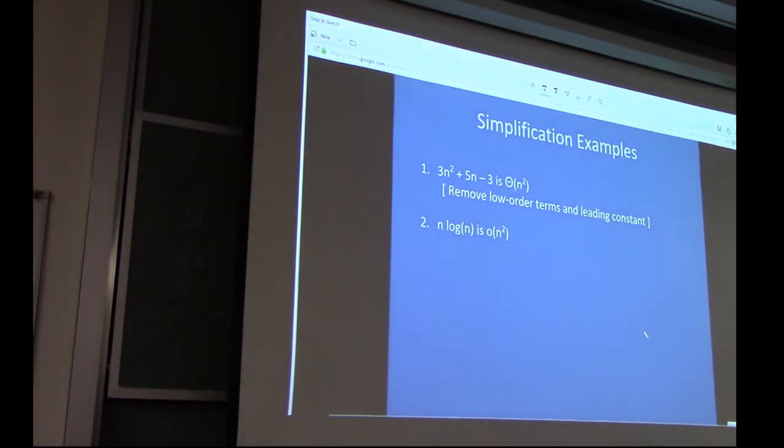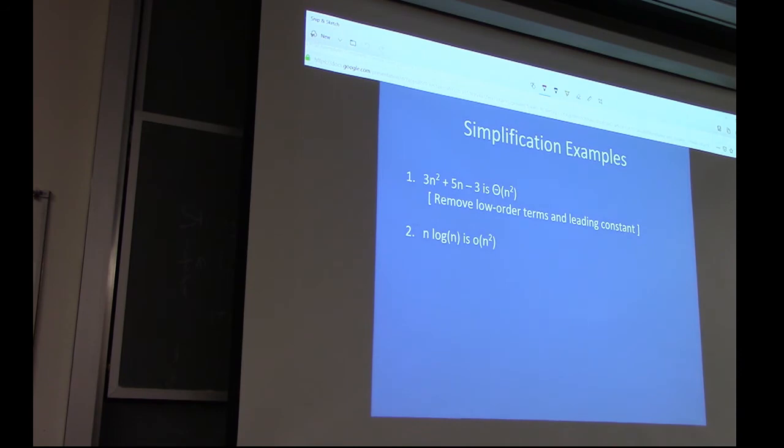Okay, so the idea is, if you want to do this, you write the one as n times log n, and you write the other as n times n. And we want to show that this dominates that. So to do that, we have to split both sides into two pieces, and we have to show that one pair of pieces has a big O relationship.